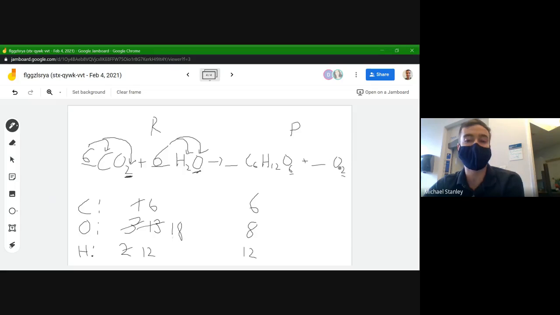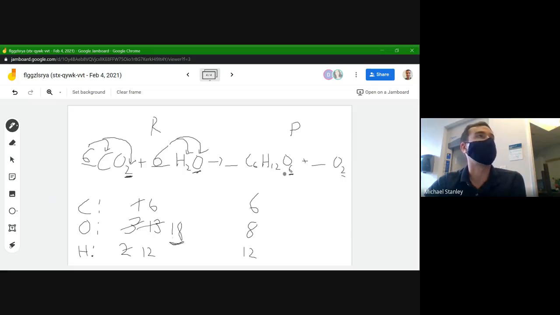But these oxygens are a lot easier to mess around with because we have just the oxygens themselves to deal with. So we need 18 oxygens, right? That's the magic number we're looking for to get balanced. We already have 6 that we said we're not going to mess with.